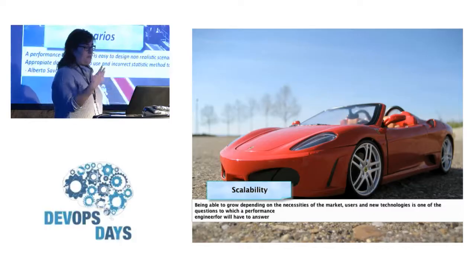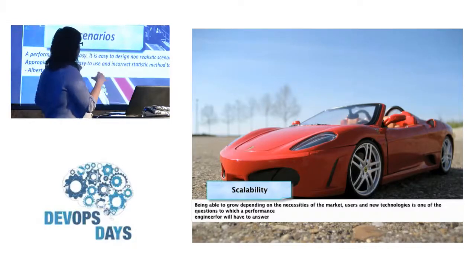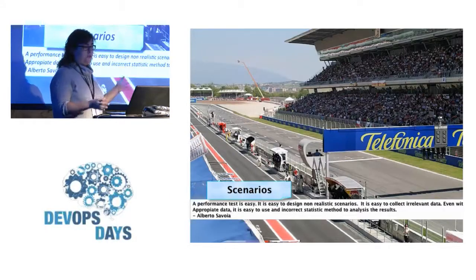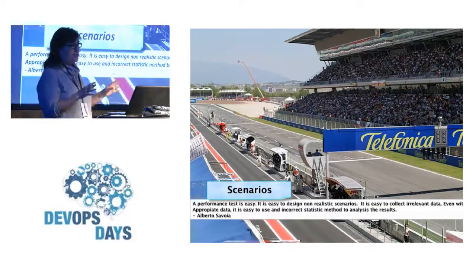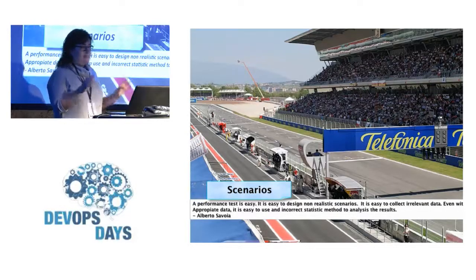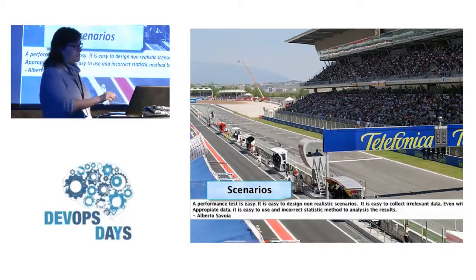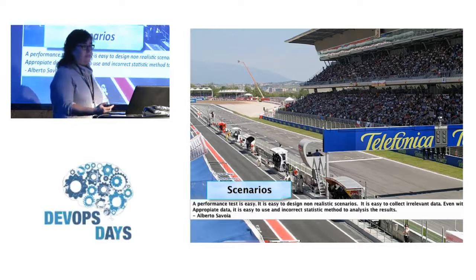Of course, as performance testers, you have to think of the scenarios. As I said before, users are really important. There are more, but at least there are two kinds of users. The one that is impatient, that is always refreshing your website or your application, and the one that's just idling in your application and just clicking randomly.